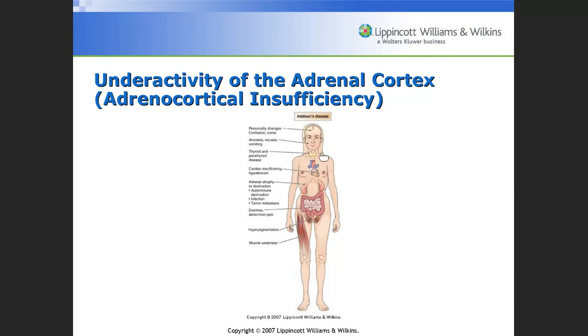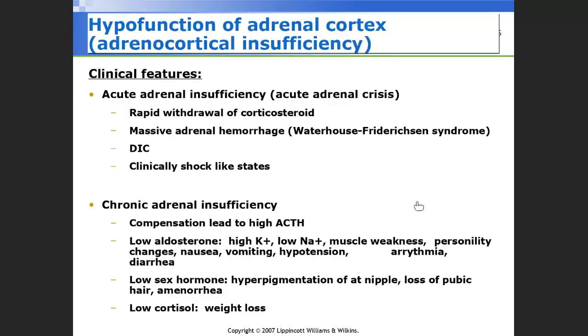Underactivity of the adrenal cortex, adrenal insufficiency, we showed you, is typically Addison disease, including but not limited to eosinophilia. Remember we're talking about eosinophilia, NAACP: neoplasm, Addison disease, allergic reaction, collagen vascular disease, and parasitic infection.